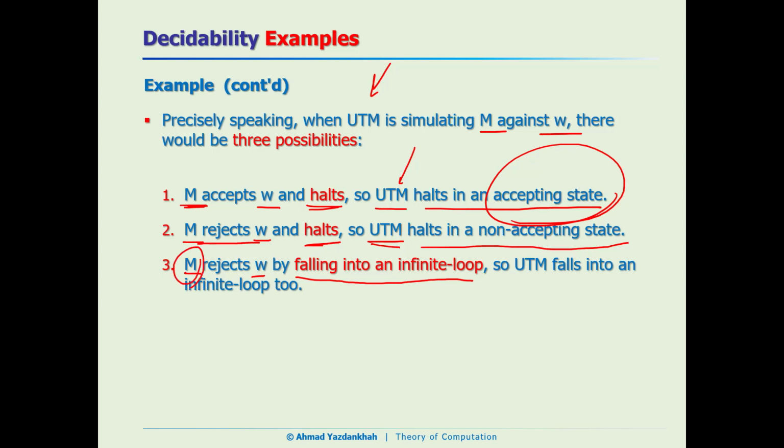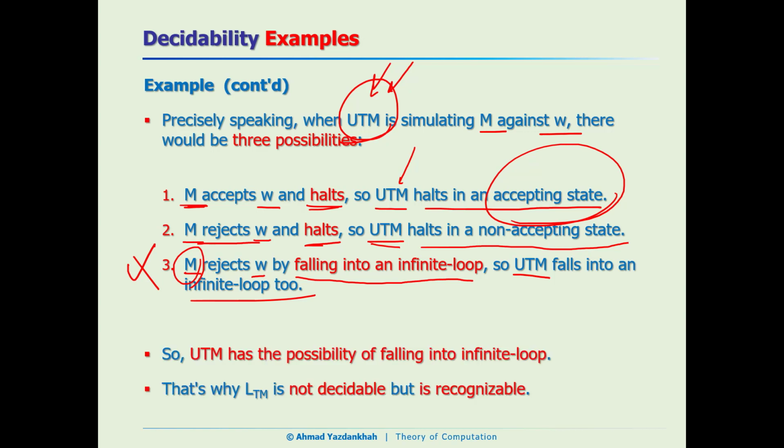And since this machine falls in an infinite loop, the UTM that is simulating that operation should fall into an infinite loop too, right? And this is the problem. Since there is a potential situation that it can get stuck in an infinite loop, we would say, hey, this UTM is not a decider. But the language, of course, is Turing recognizable, but it is not decidable.